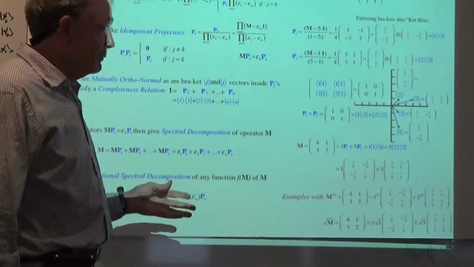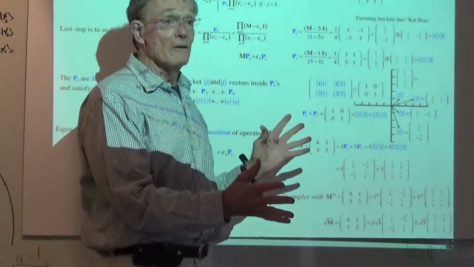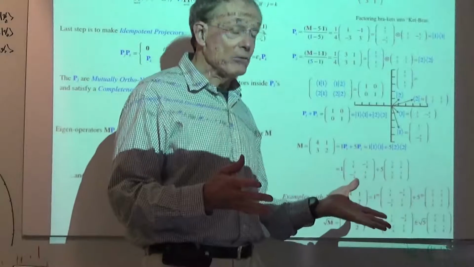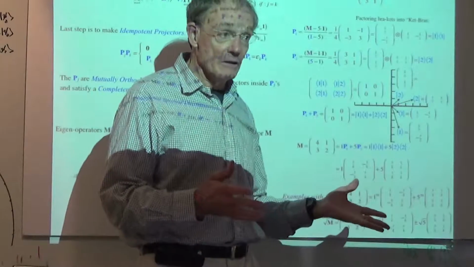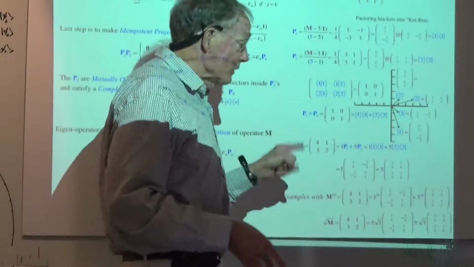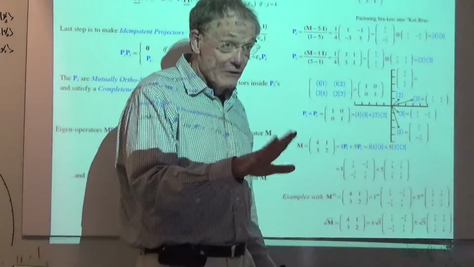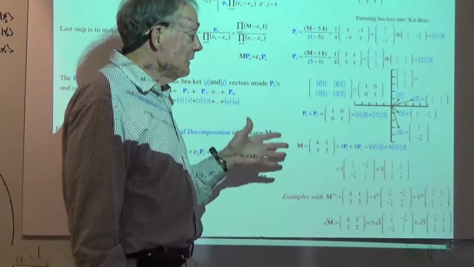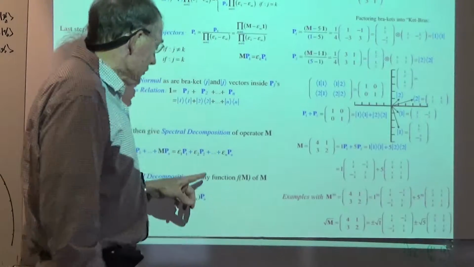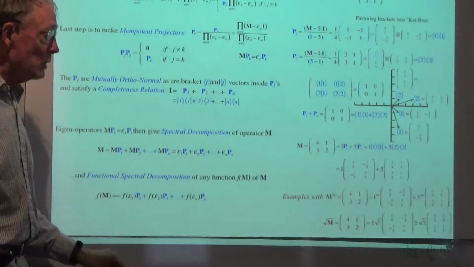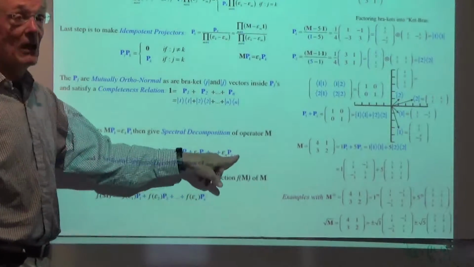Now it's really powerful when you have a whole group of operators that you want to reduce. Perhaps they're commutative, abelian. They commute with each other. Then you do exactly this. Every one of the elements in that group is going to get this treatment of being a linear combination of projectors, so that any function of that thing that you want is just going to be a sum like that.